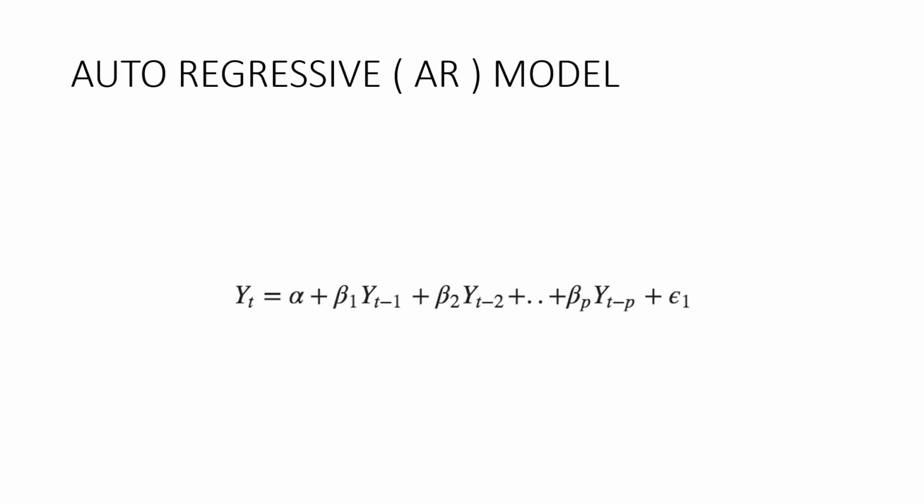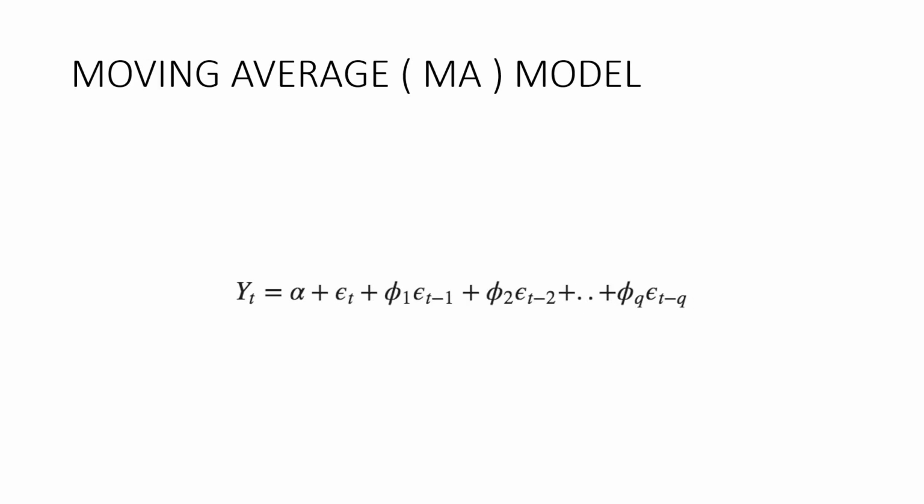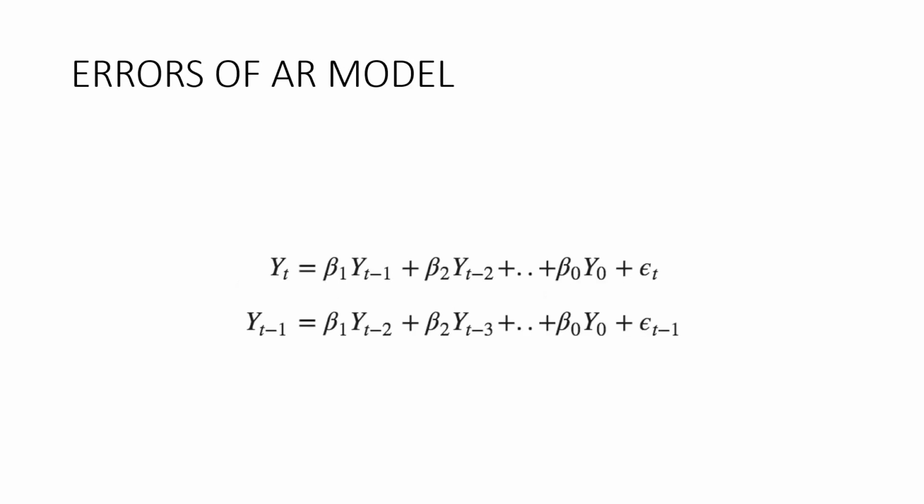Likewise, a pure moving average model is one where Yt depends only on the lagged forecast errors, given by the equation given here, where the error terms are the errors of the autoregressive models of the respective lags. The errors et and et minus 1 are the errors from the following equations. That was AR and MA models respectively.